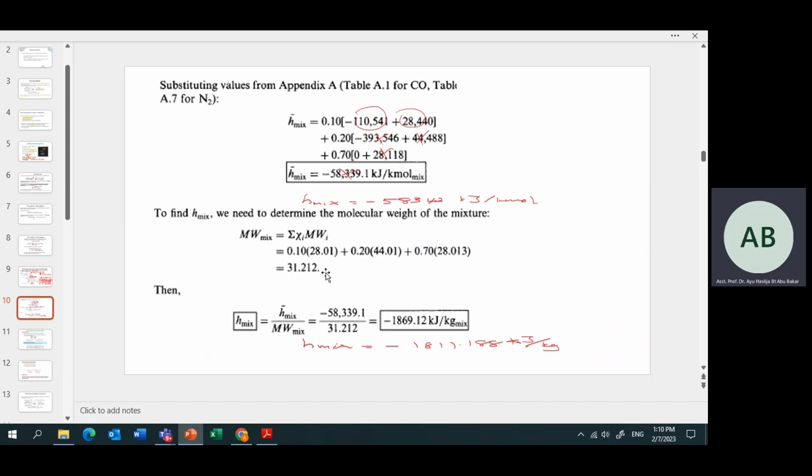Once you get it, recalculate the enthalpy of the mixture on a mass basis, because you will need kilojoule per kg. You should be getting your H mix mass basis around 1811.